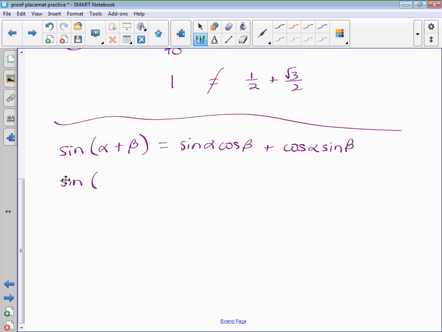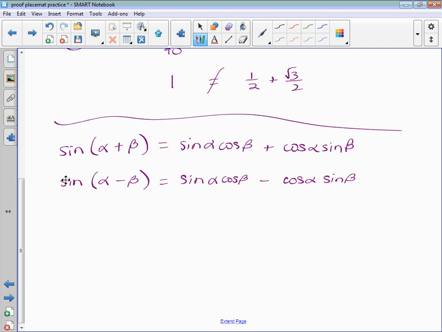What if I want to subtract? What if I want to know the sine of, like, negative 15 degrees? This is beta. Remember I told you guys to do this on a blank page?